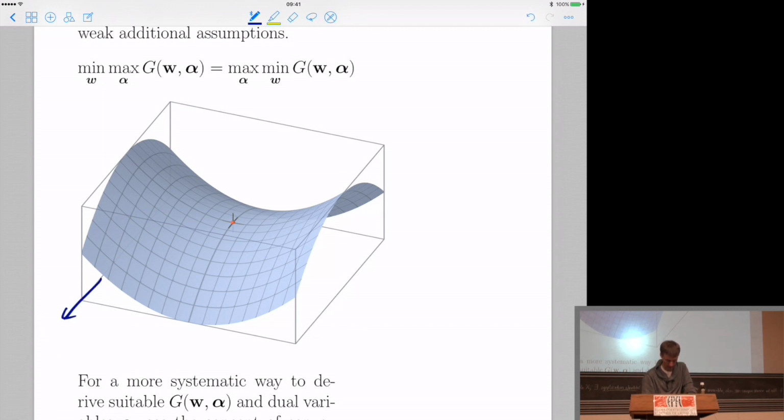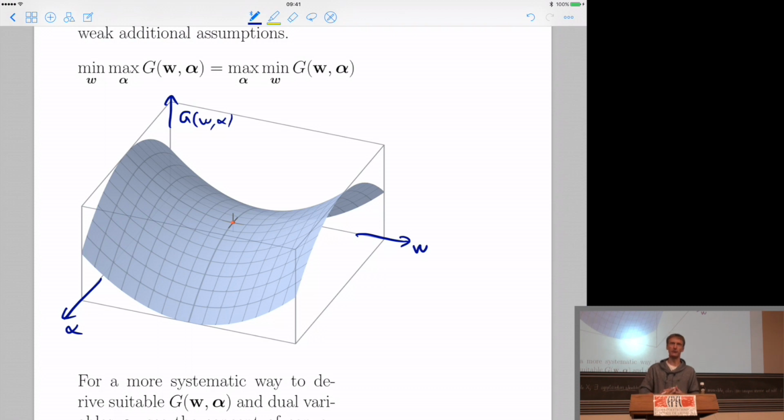If you visualize it, on the vertical axis you want to visualize this G function of W and alpha. It depends on two things. Let's say in the easy case, when these are actually numbers, then this G function is convex in W, because even the original function where we started from was convex already.